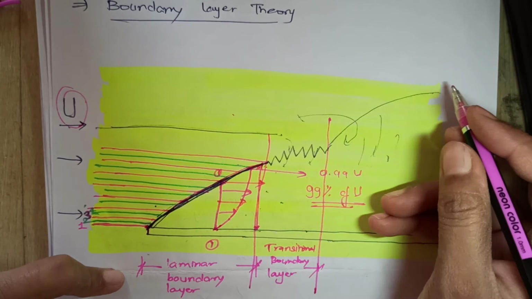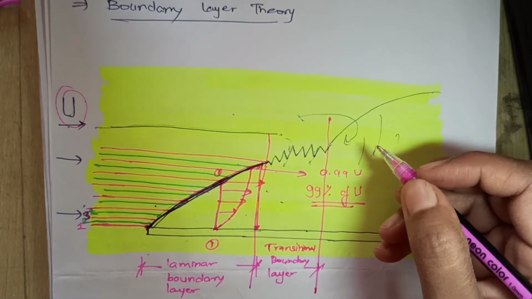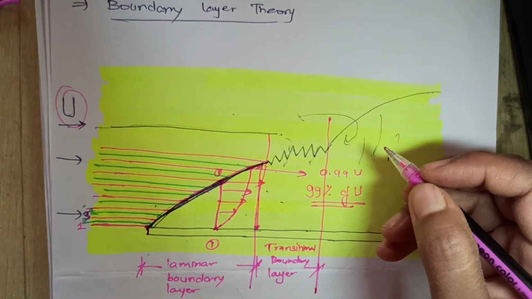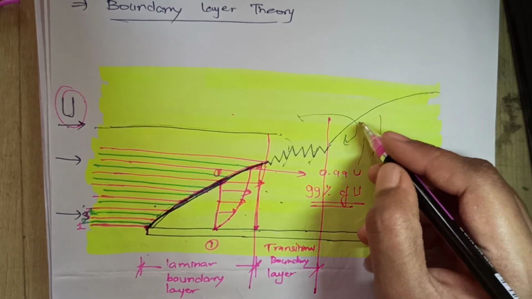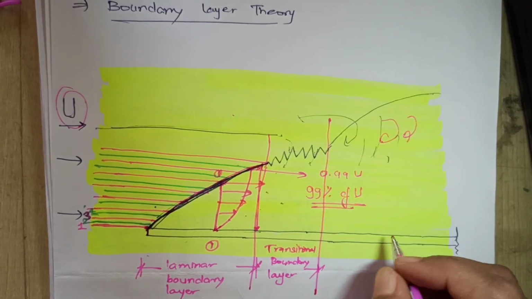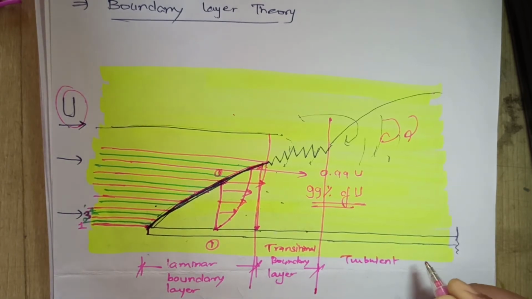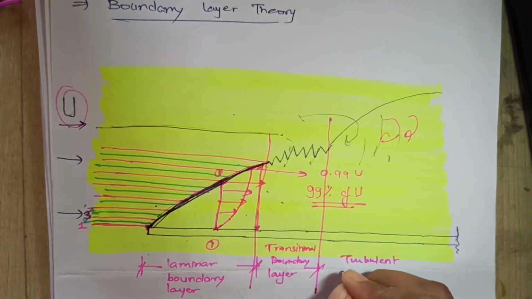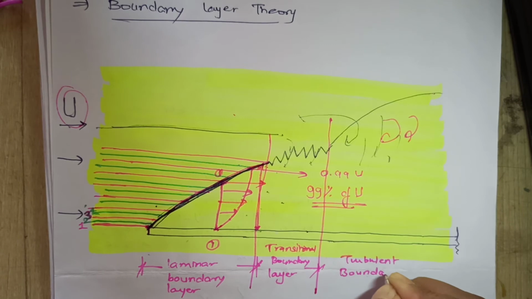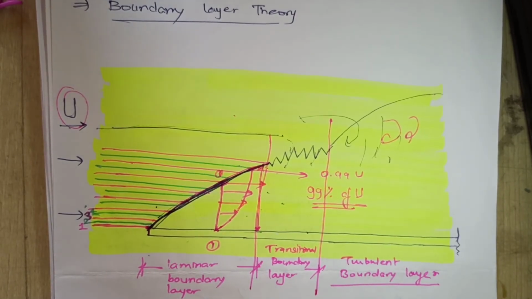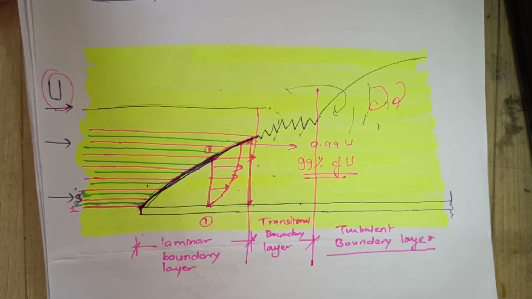And further beyond the transitional boundary layer where there is intrusion of the flow and it causes turbulence in this area, this is called as turbulent boundary layer, and very high increase of velocity takes place. Okay, so this is the classification of boundary layer based on the velocity present in that area.